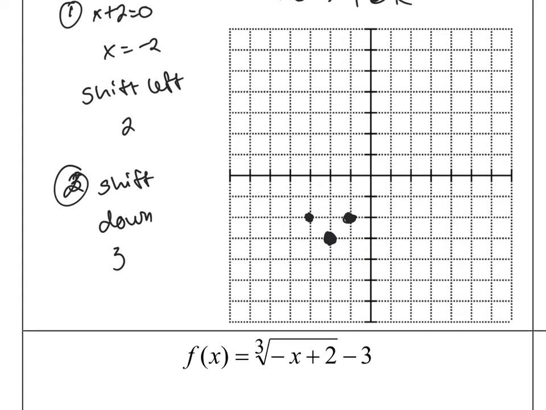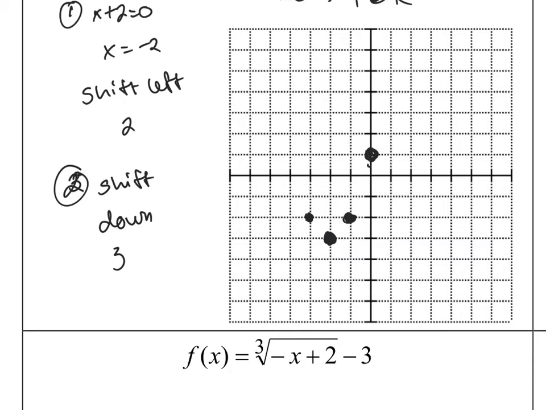Now, for the sake of this example, I'm going to do when x is 0 and when x is negative 4. So when x is 0, 0 plus 2 squared is 4, 4 minus 3 is 1.